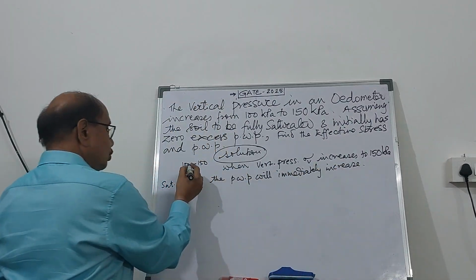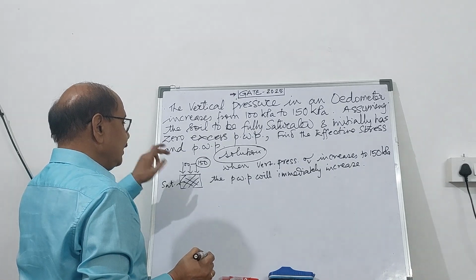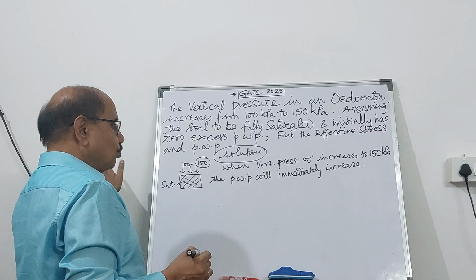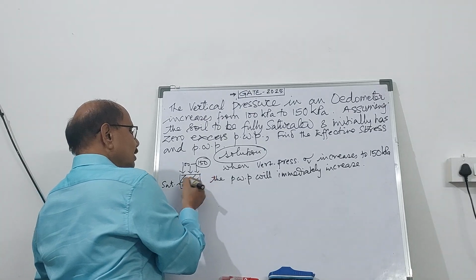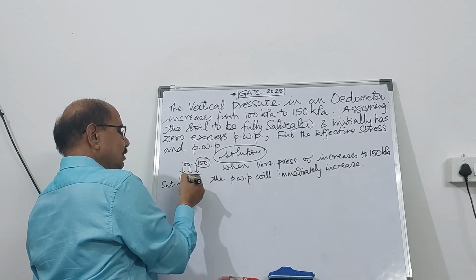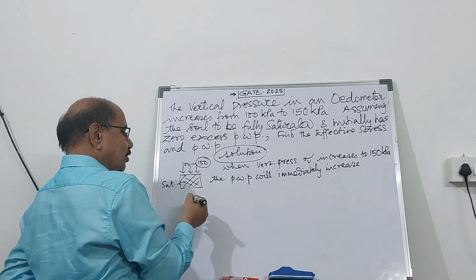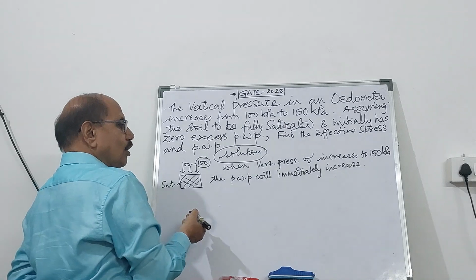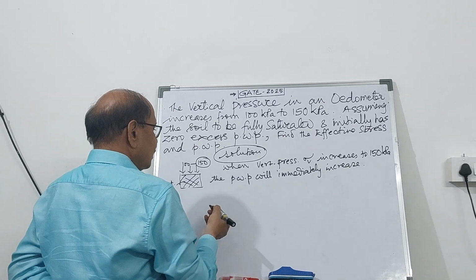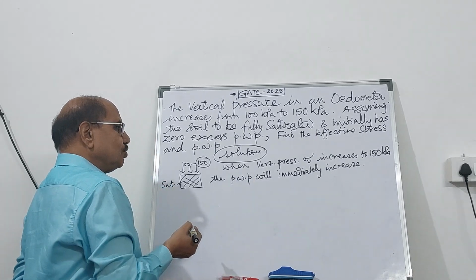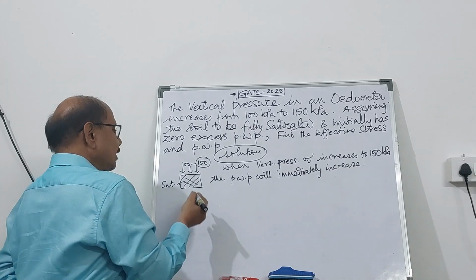So at time t equal to 0, the moment you increase the pressure, it was no excess pore water pressure at 100. The moment you increase it, it is fully saturated, so that intensity of loading is going to increase the pore water pressure. That pressure will be transferred to the pore water, which is incompressible compared to the soil grains. So when the vertical pressure increases to 150, the pore water pressure will immediately increase.